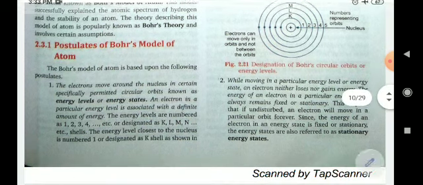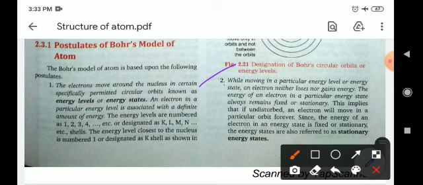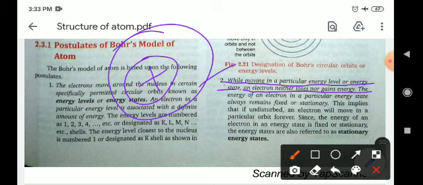Coming to the second postulate: while moving in a particular energy level or energy state, an electron neither loses nor gains energy. According to Bohr, when an electron revolves in a circular orbit, during its revolution it will neither lose nor gain energy.